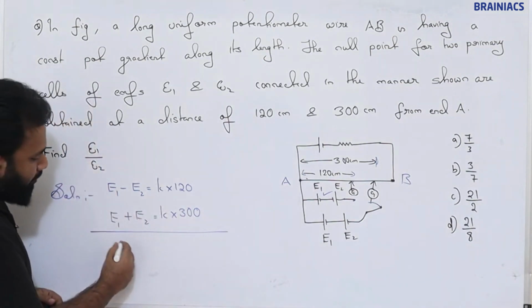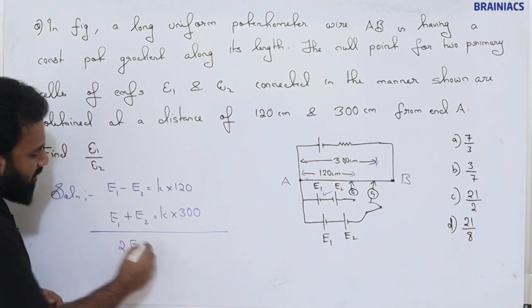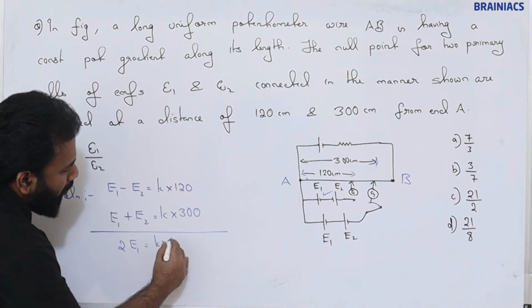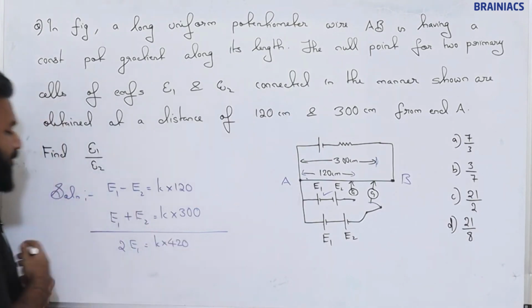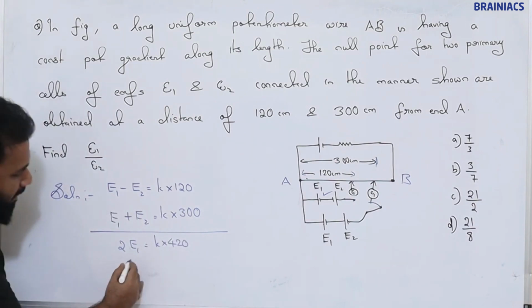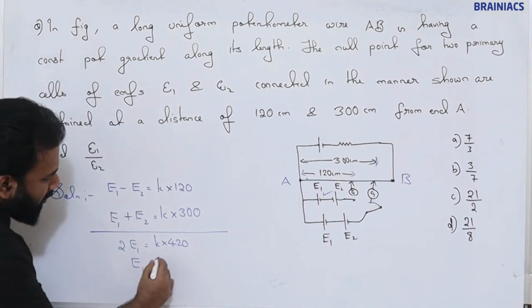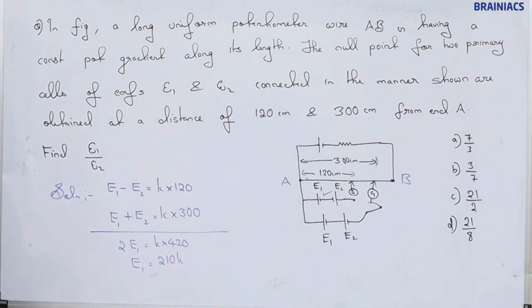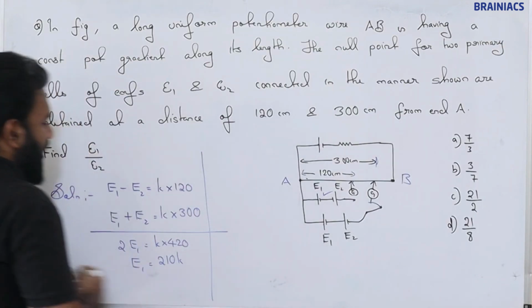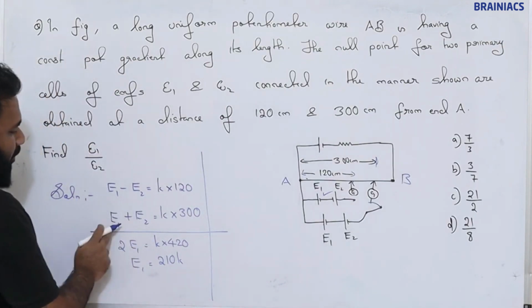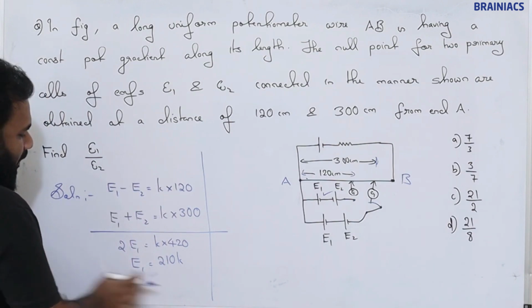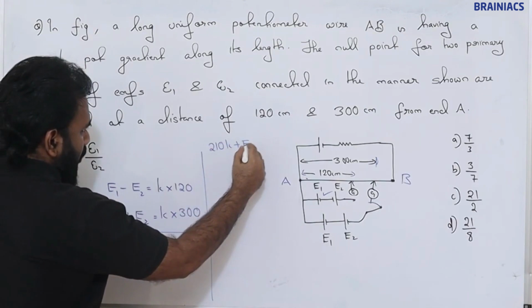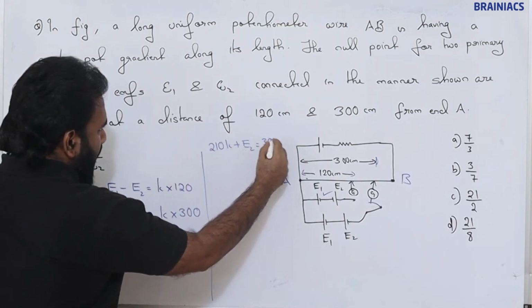If we add them, 2E1 is equal to K into 420. So E1 is equal to 210K. Then E1 plus E2 is equal to K into 300, so 210K plus E2 is equal to 300K.